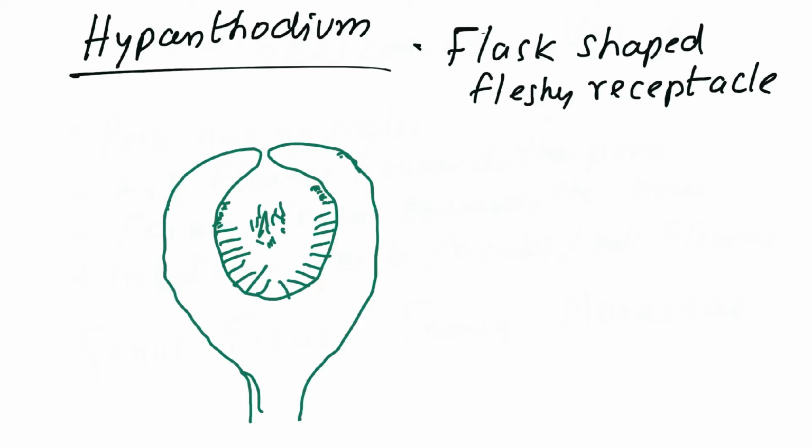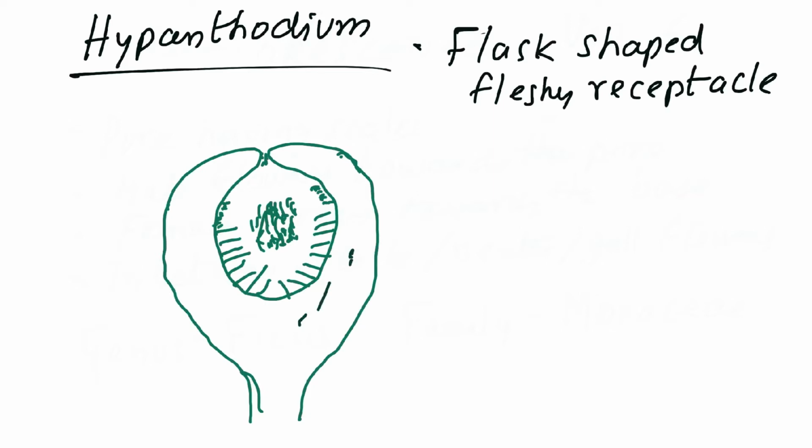On the top you have the male flowers. In between you have the sterile, neuter, or the gall flowers. And of course on the topmost portion you have an opening, that's the pore, where usually we see some scale-like structures.